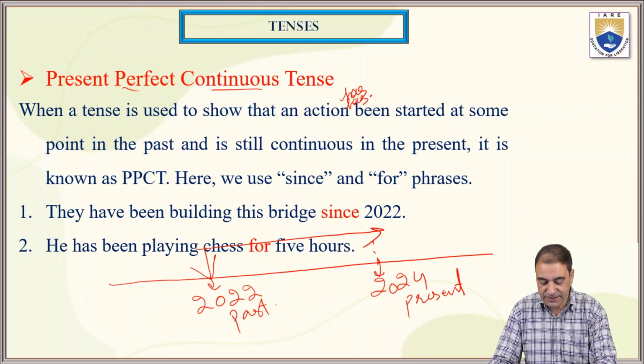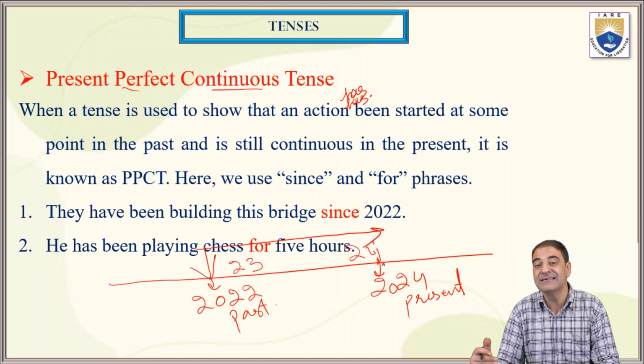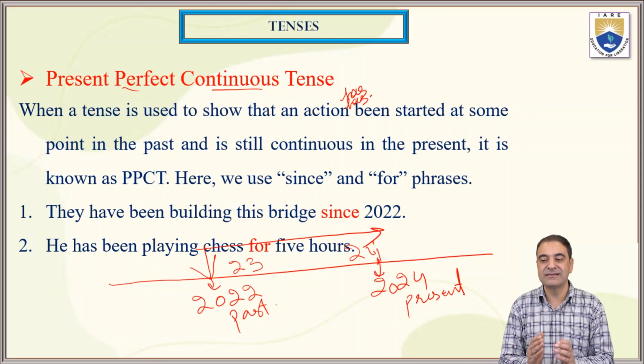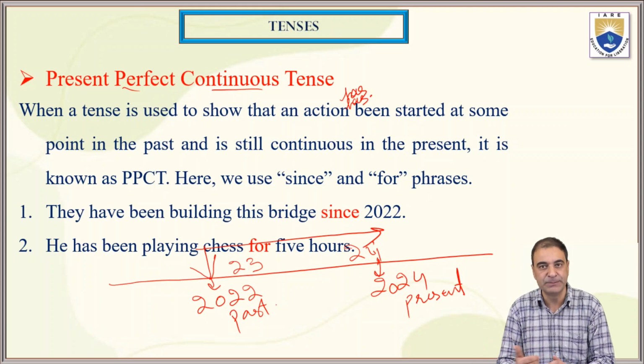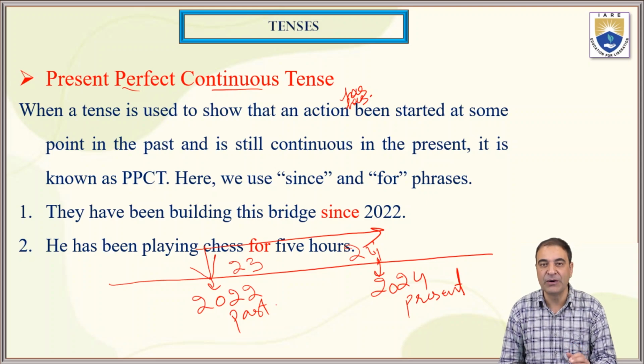That means in this first sentence, the action started in the year 2022. That means the past. And in 23, it was continuous. And now it is 24, it is still continuous. That's why we say when an action started at some point in the past and is still continuous, still incomplete, or still in progress, we call it present perfect continuous tense.